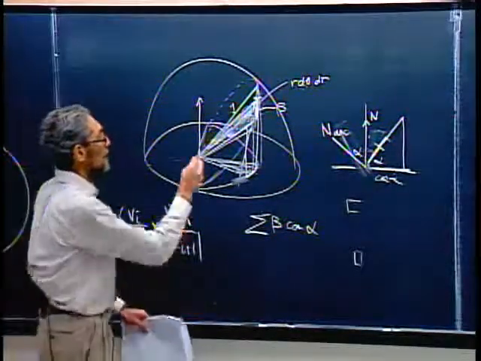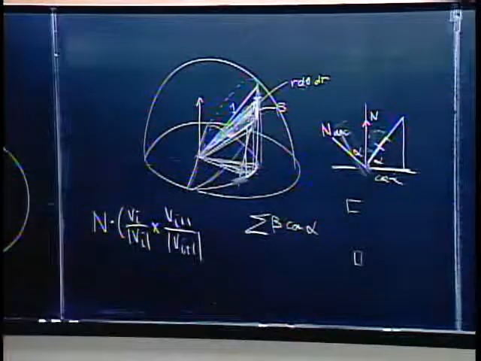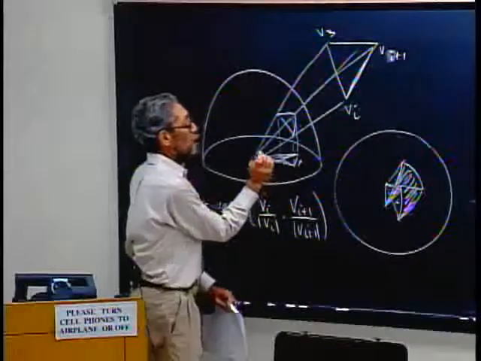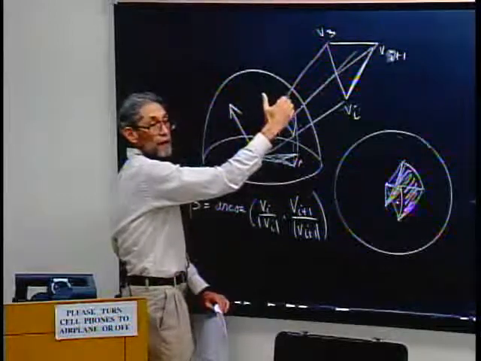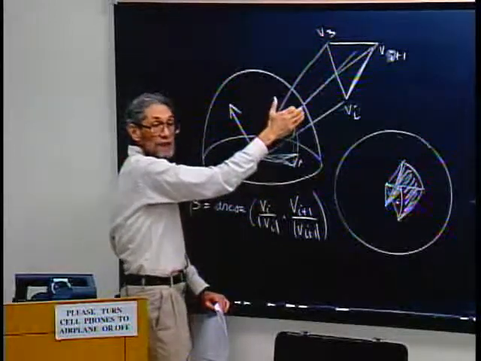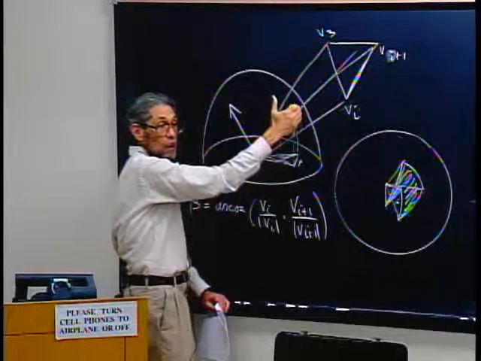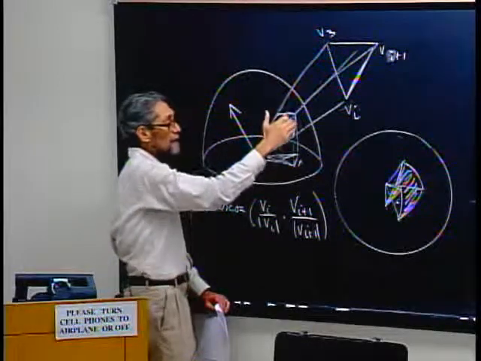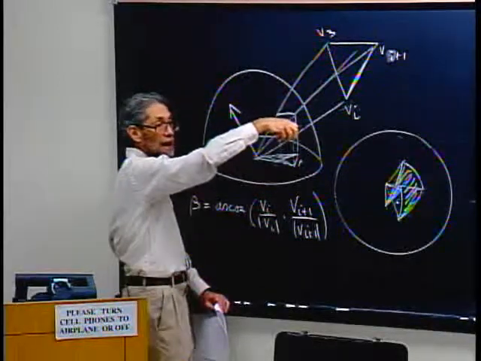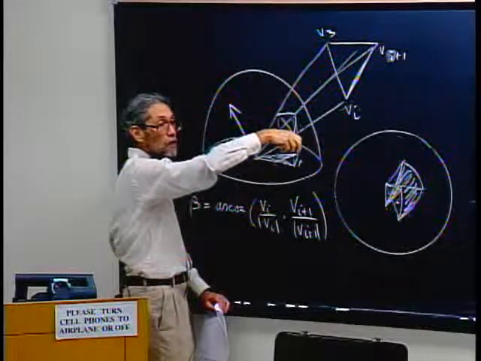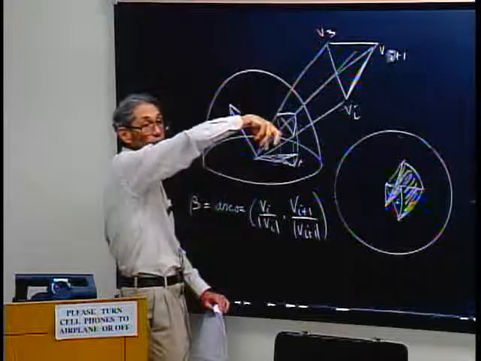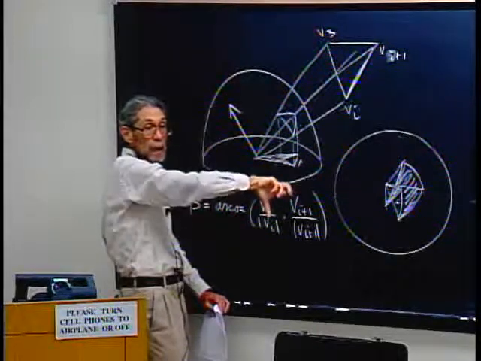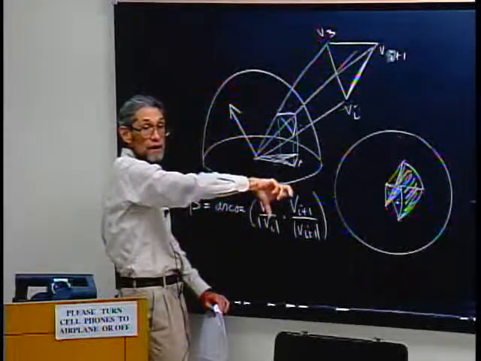Because if I take two vectors in this plane, by the right-hand rule, their cross product is going to point up if I actually have a counterclockwise angle here. And if I have a clockwise angle, when viewed from above, that means the cross product, my thumb is going to be pointing down, opposite to the direction of n.